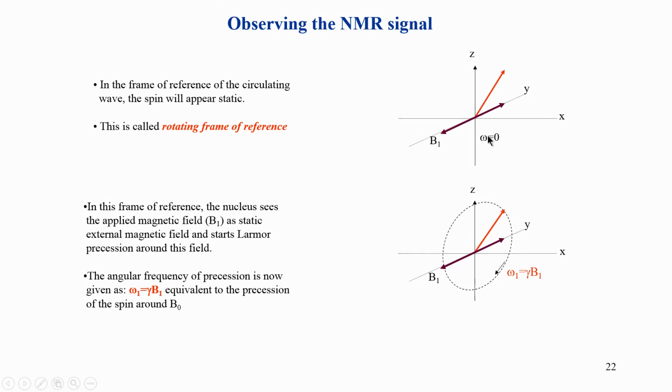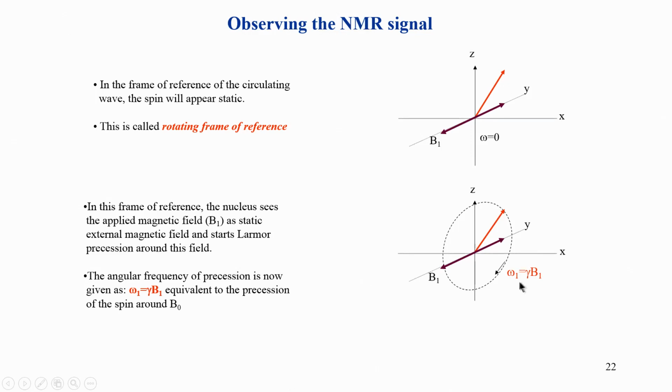But we have removed the effect of the rotation around the z axis by going to a rotating frame where omega becomes 0, and therefore the only precession noticeable in the rotating frame is this precession around B1.